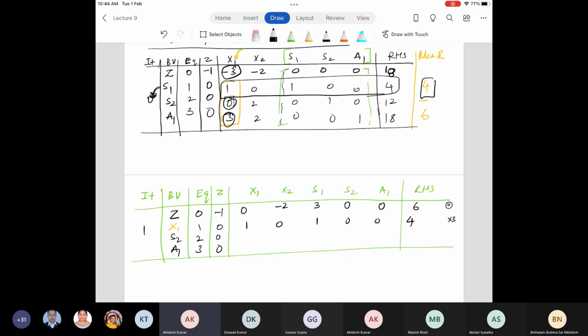Below it is already 0, so I do not need to do anything, just keep it as it is. But this one is 3. Again, you need to multiply this with 3 and subtract from this equation.